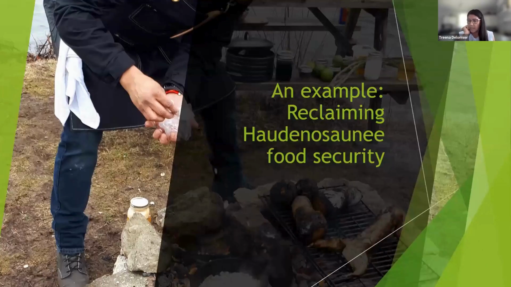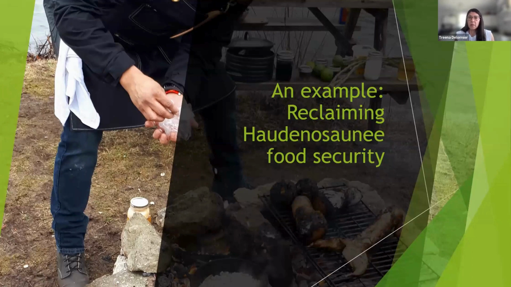So I'm just going to give you an example from my experience with my community in Kahnawake, from a study that was called Reclaiming Haudenosaunee Food Security. And again, we started this project with looking at food security because, as you've seen in the statistics presented earlier, I don't have the numbers for you, but we can imagine that they are the same inequities that we see.